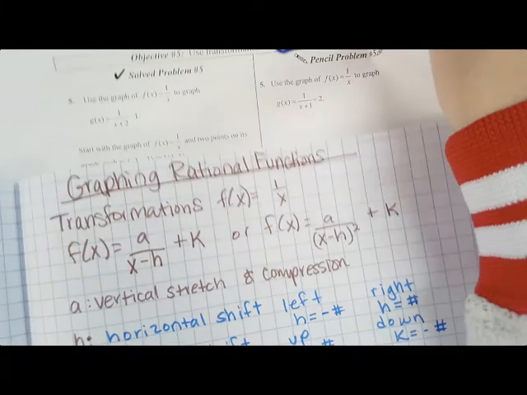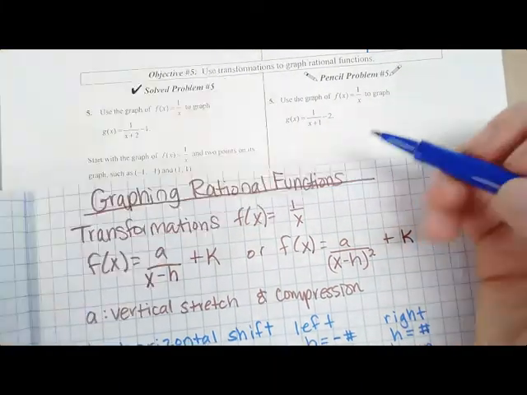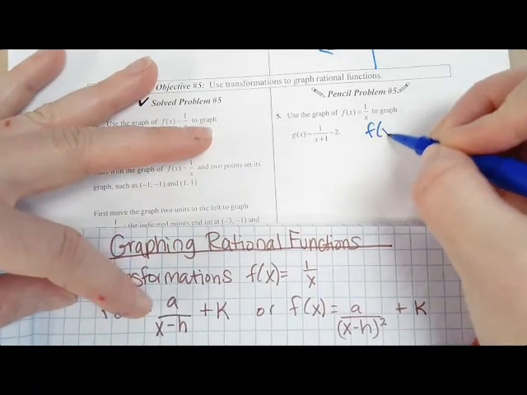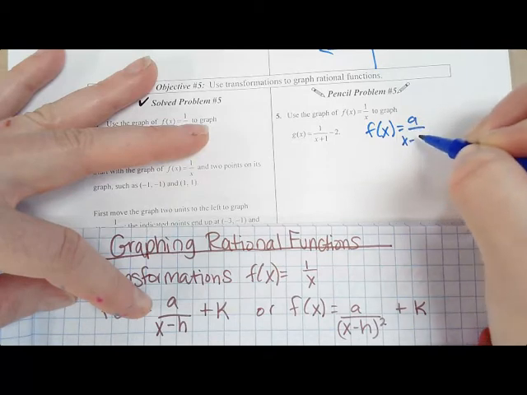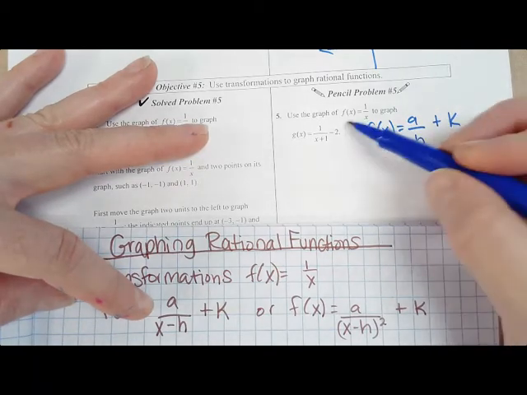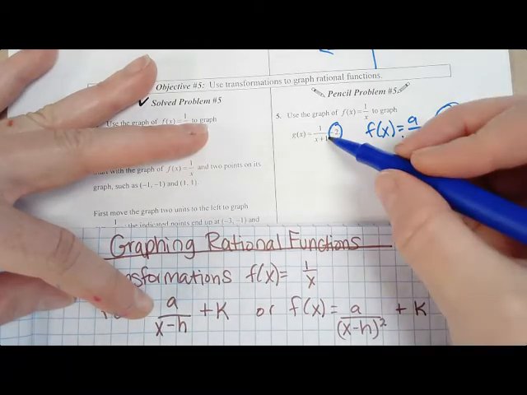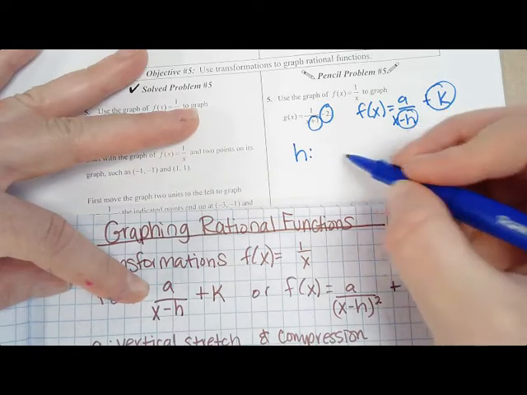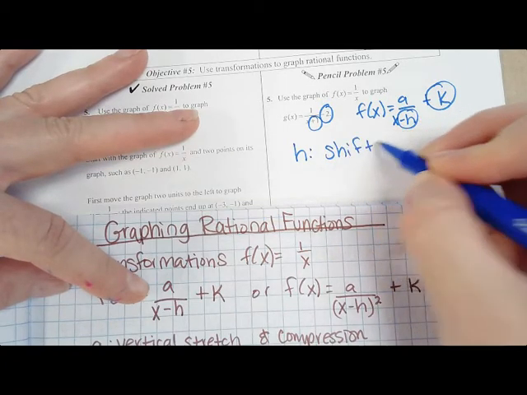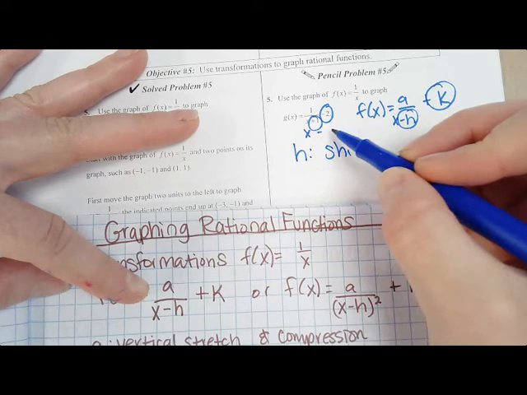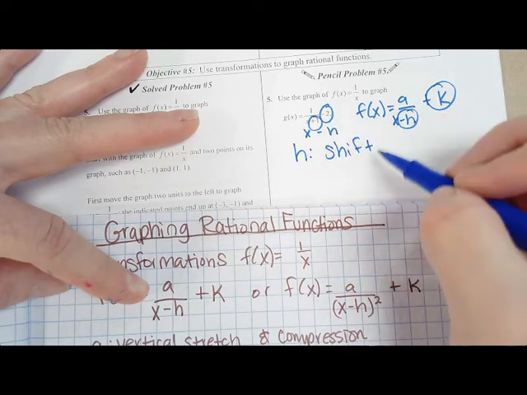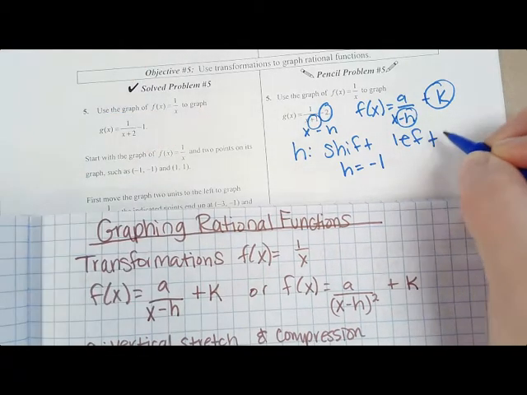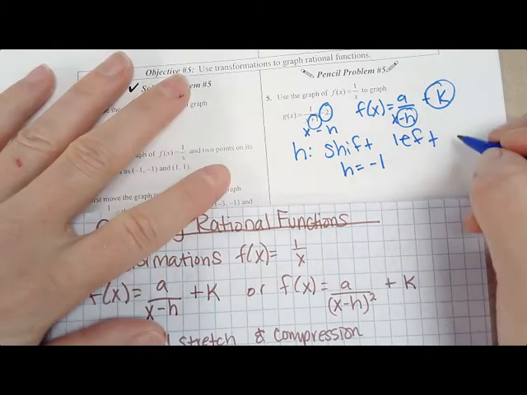Okay, so on here, we don't have any stretch or compression, but when we look at f of x equals a over x minus h plus k, we got k and we got h. H is your horizontal shift. It's supposed to be x minus h, so h in this case is going to be minus -1. So it's going to be a shift left 1 unit.